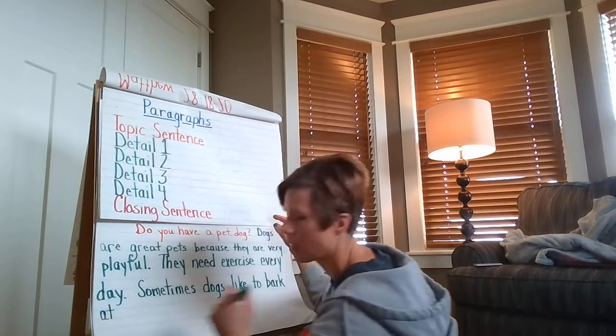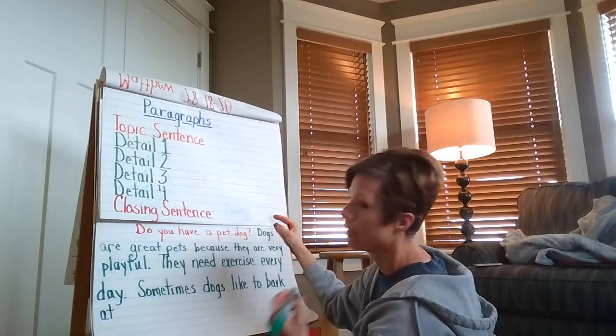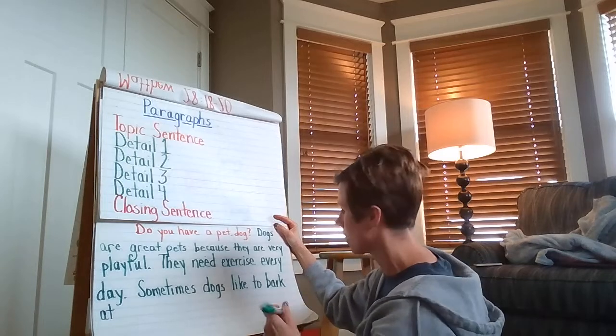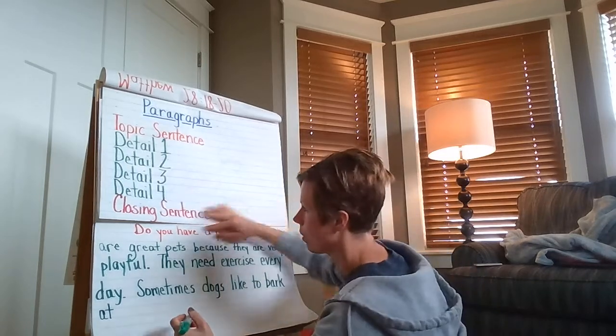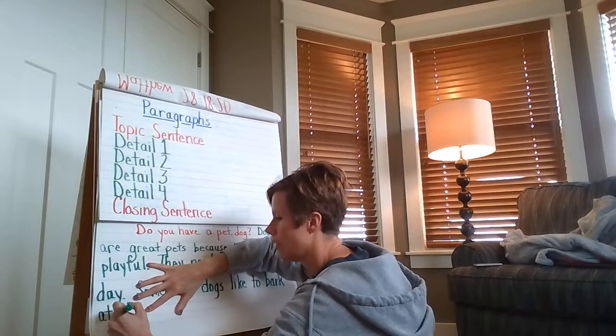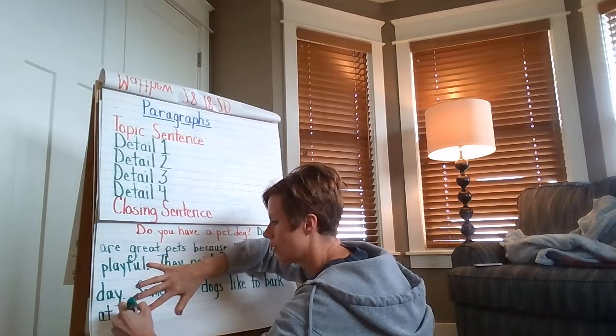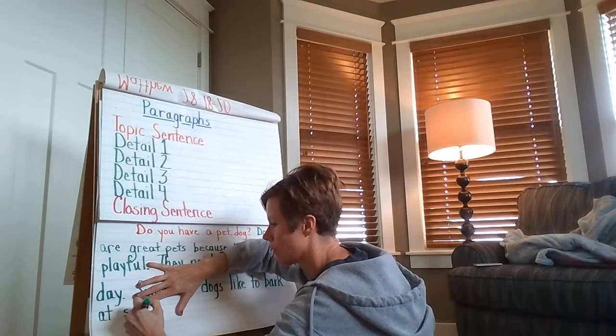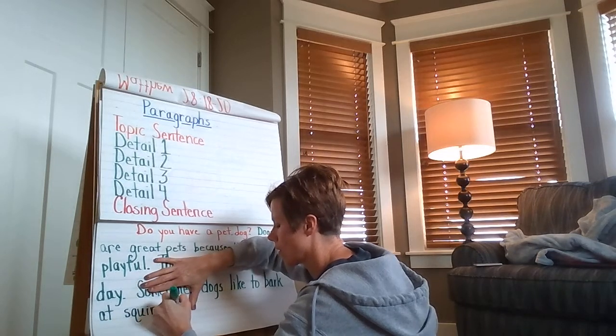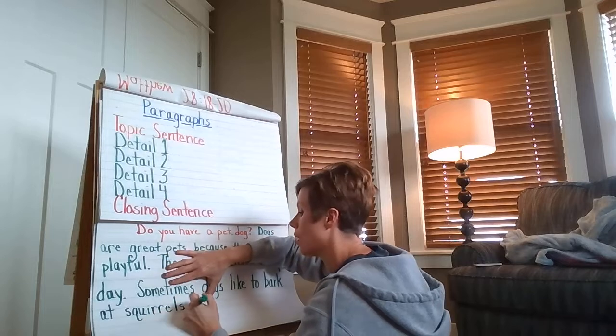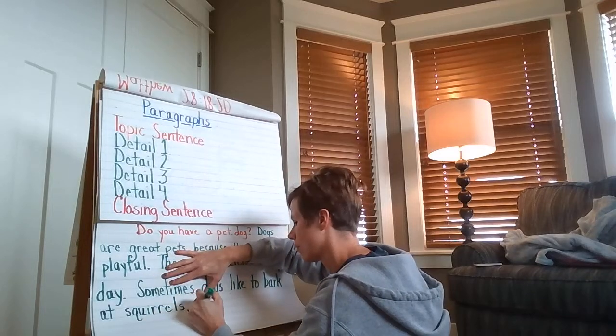I bet you're thinking, what things do dogs bark at? I'll name some things that Shadow barks at. Sometimes dogs like to bark at squirrels, cars.